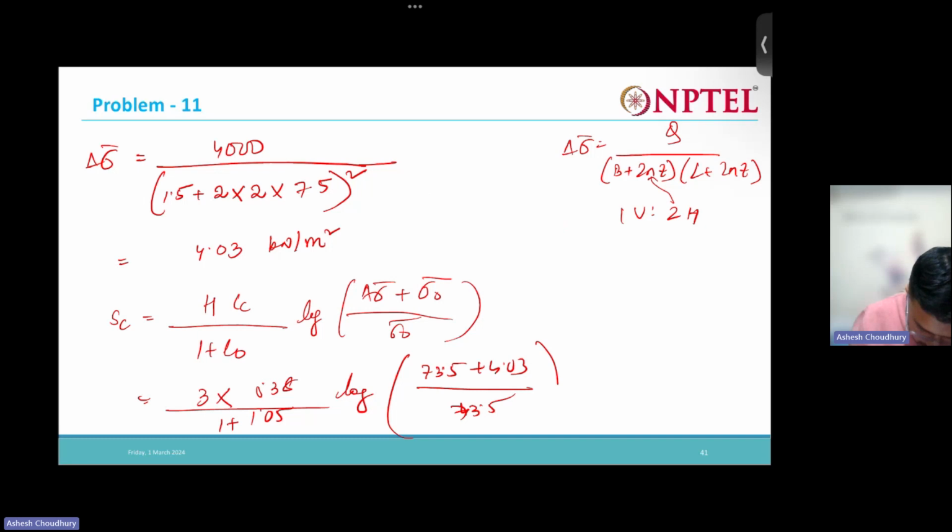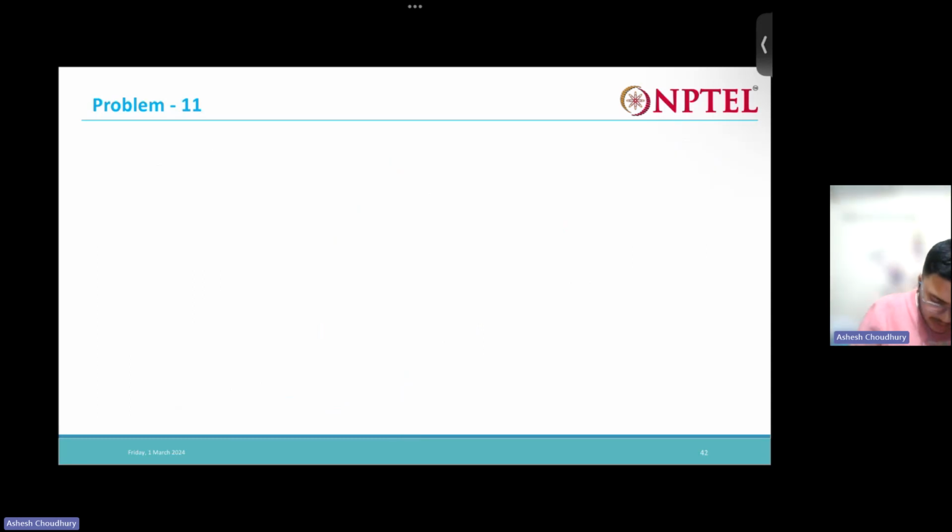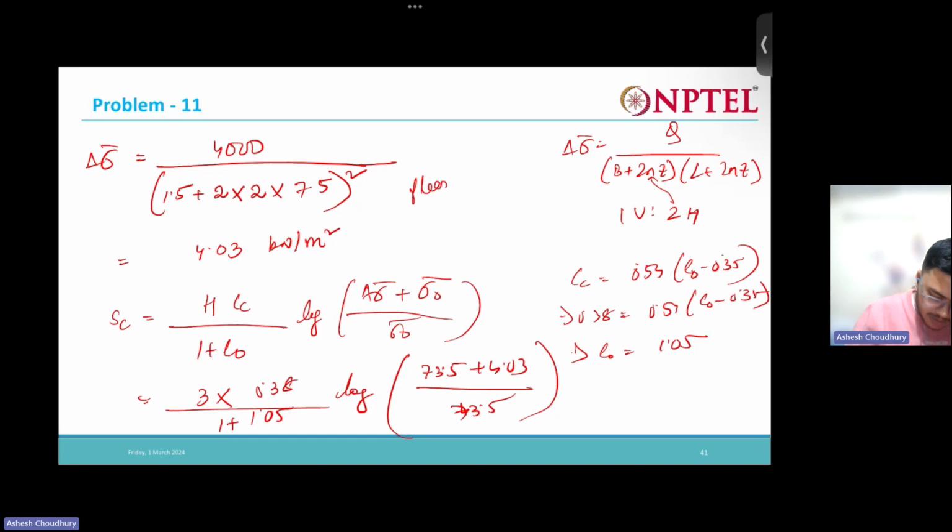Oh sorry, this e naught you have to calculate from here. If e naught is not given, e naught is calculated like this. So from this we will get finally Sc equal to, okay, please check this one yourself.